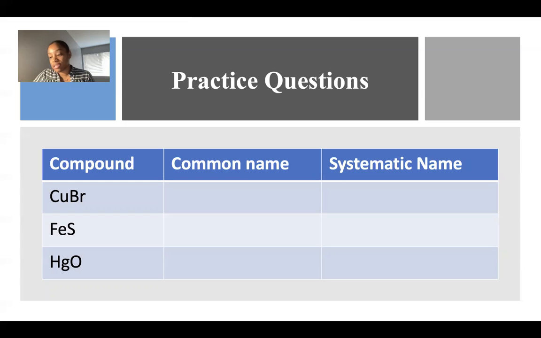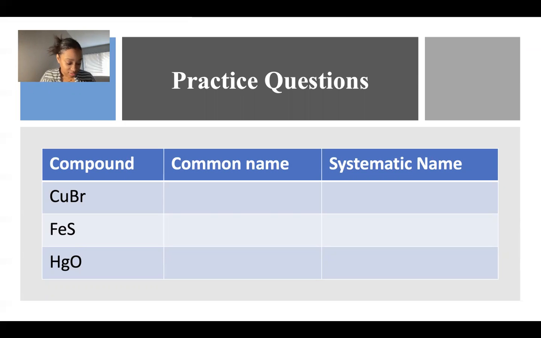That's just like the systematic name is like with the Roman numerals, and the common name is like, for example, CuBr is like cuprous bromide, and that's just a regular name. And the systematic name is like, okay, CuBr would be like copper bromide.